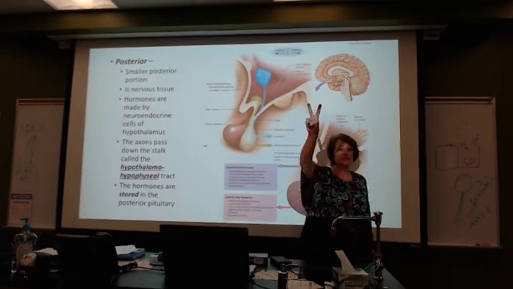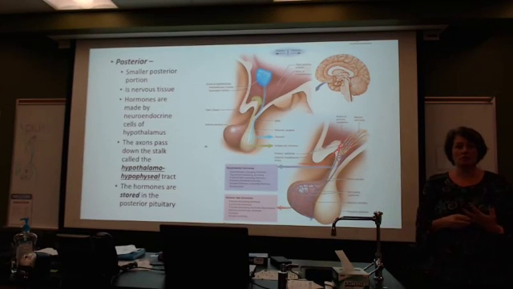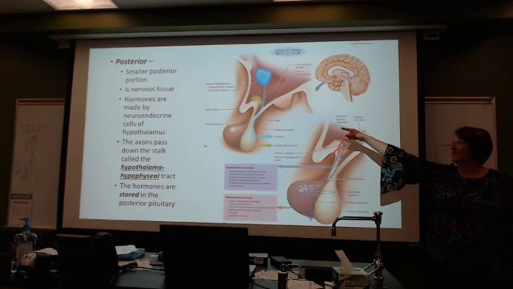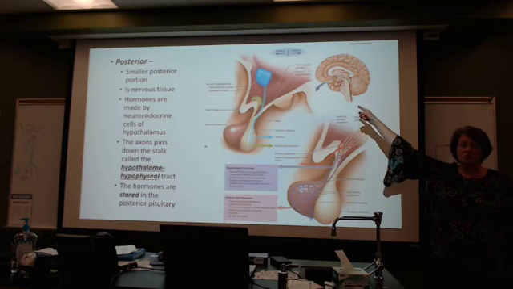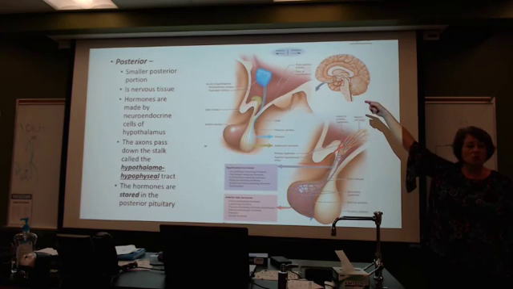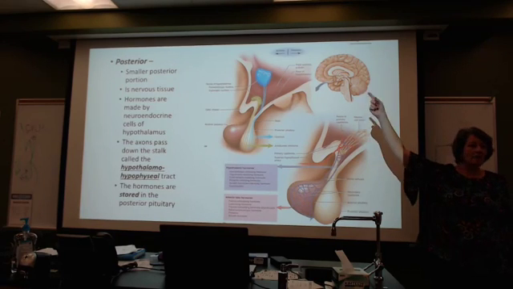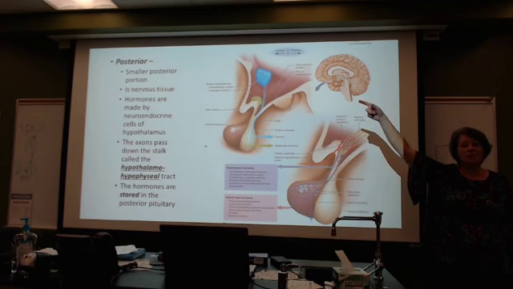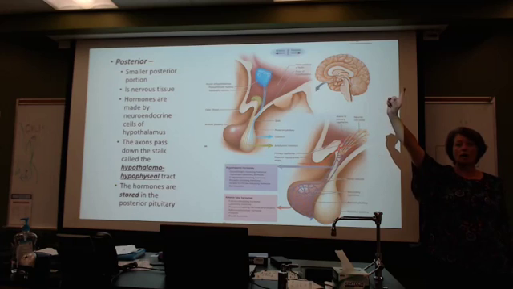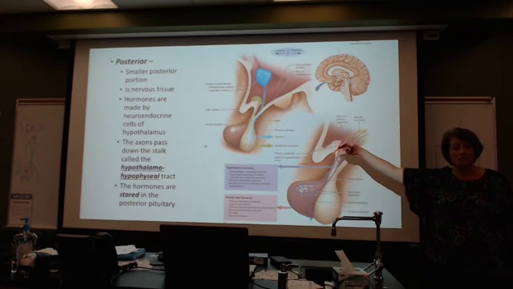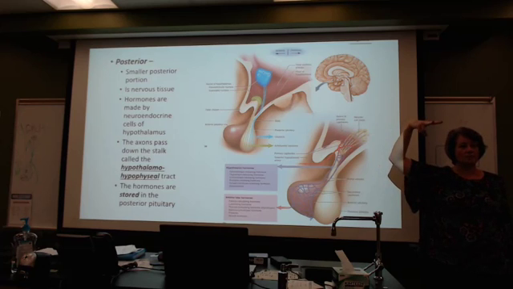There's only 2 hormones. Do you see how they're trying to show the green and the blue? Okay? They're trying to show you I have an area in my hypothalamus for one of the hormones, and I've got an area in my hypothalamus for the second one. Because that's it.